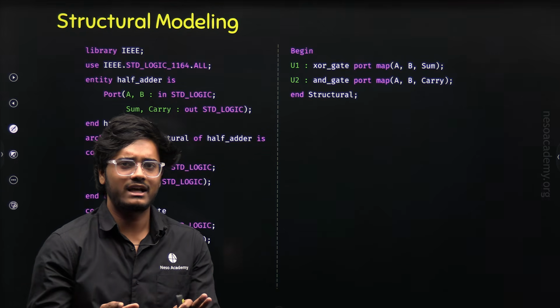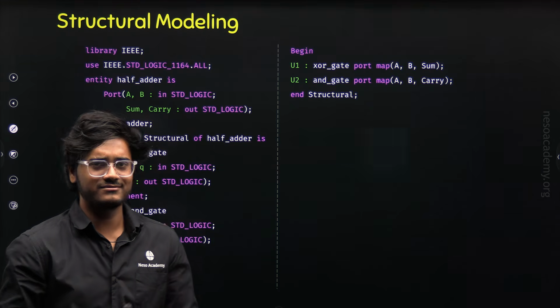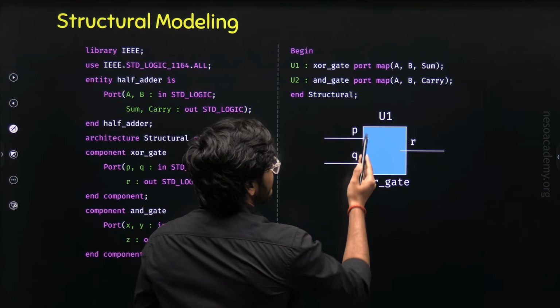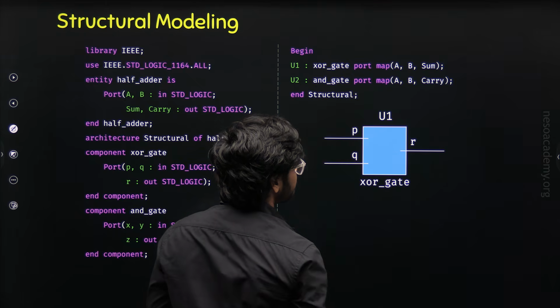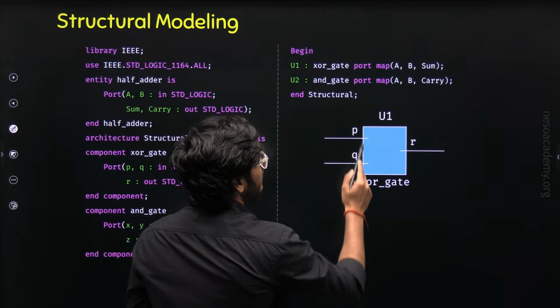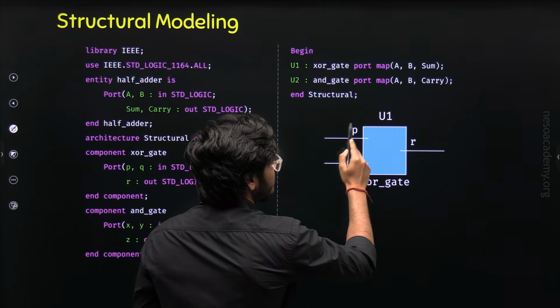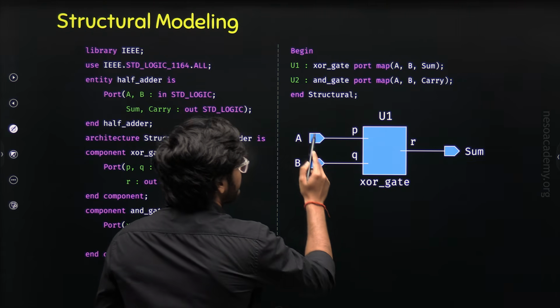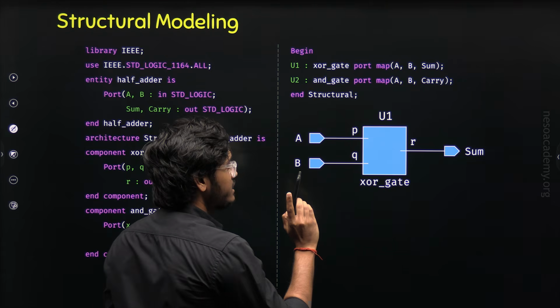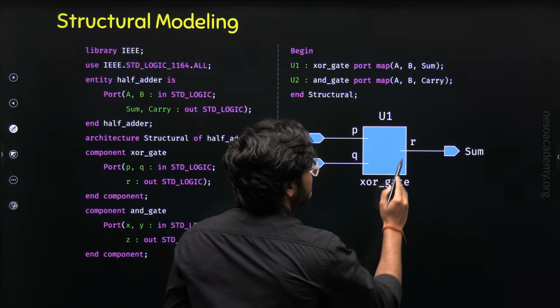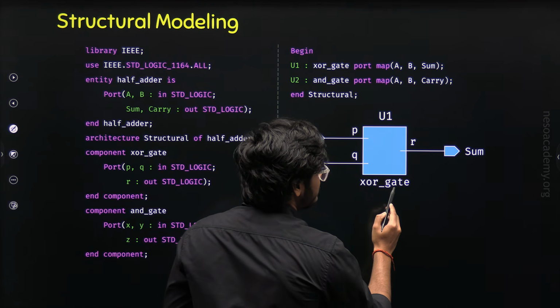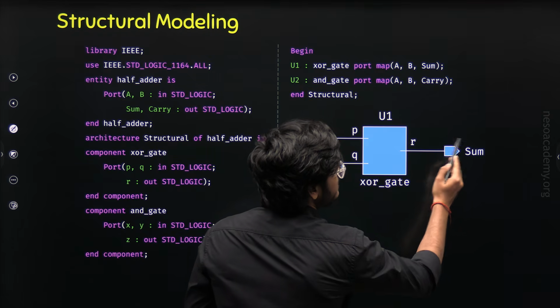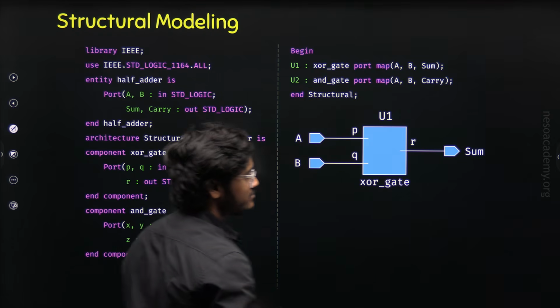Now, let's visualize this to make it more clear. Here we have instance U1 for the XOR gate. Now, the keyword port map will connect the input ports P, Q of the XOR gate with the input ports A, B of the half adder, and connect R, the output port of the XOR gate, with the output port sum of the half adder.